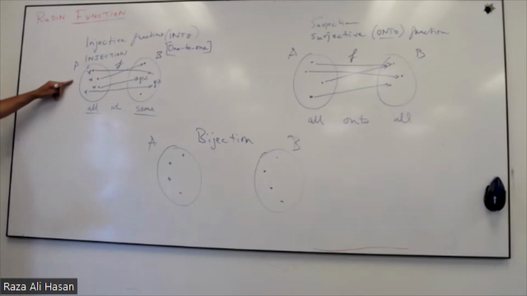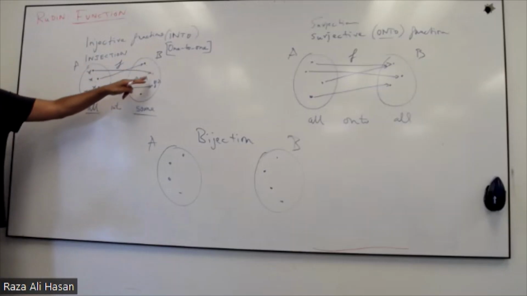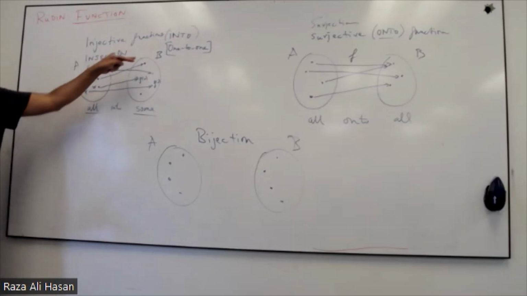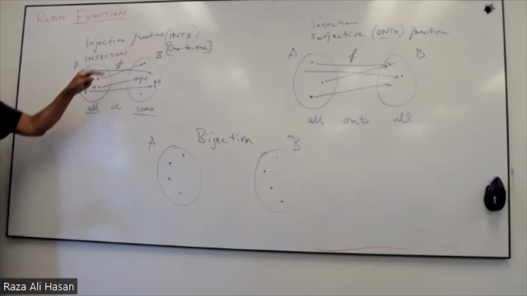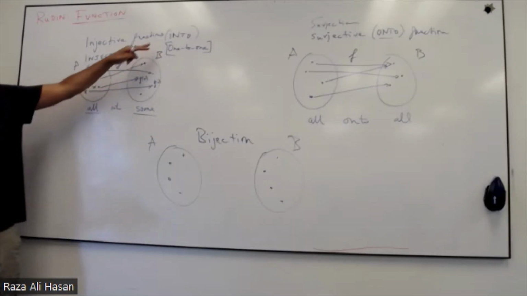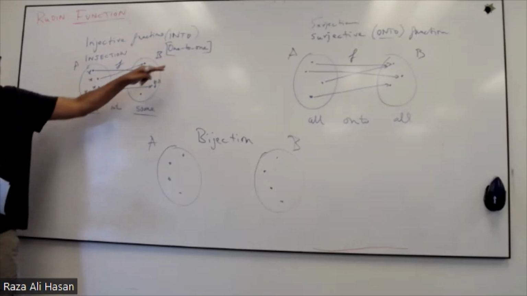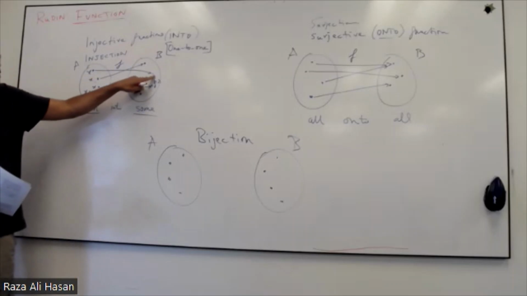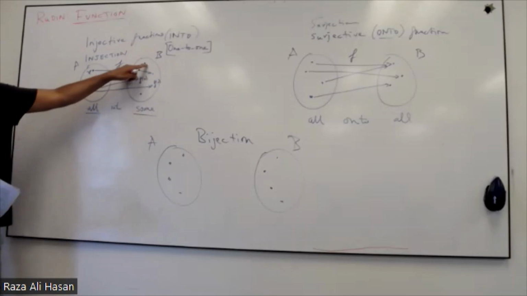Why is this one-to-one? Because every value in the domain has only one arrow coming into it, and one of them is left. So therefore, it's into, it's one-to-one because there's only one value for each input. This x only has this point here, this one only this one.